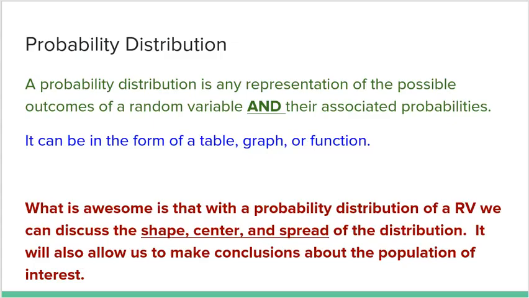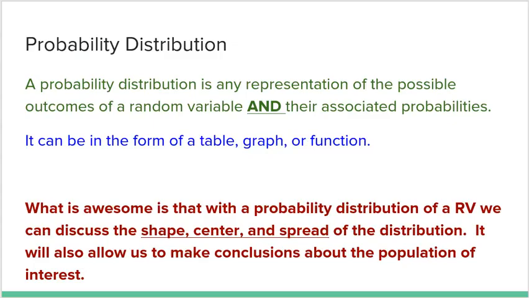Now, the best part about this is once you have this table, this graph, or this function, which, again, is a lot like algebra, right? In algebra, you could understand a function through looking at the function, looking at its graph, or looking at a table of values. So it's very similar to that. But regardless, once you have this representation of all of your outcomes and their probabilities, you could talk about the shape, the center, and the spread of that distribution.